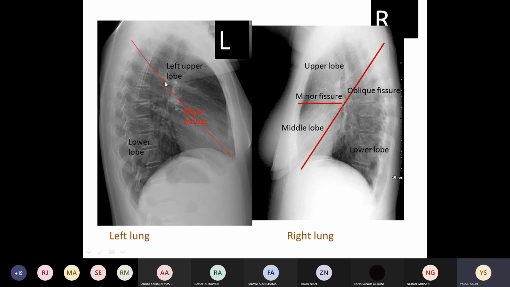It is also posterior. This is the spine and this is the anterior aspect of the chest. The lower lobe is located posterior to this oblique fissure, and the left upper lobe is seen anterior to this oblique fissure. This is how to localize the lobe.